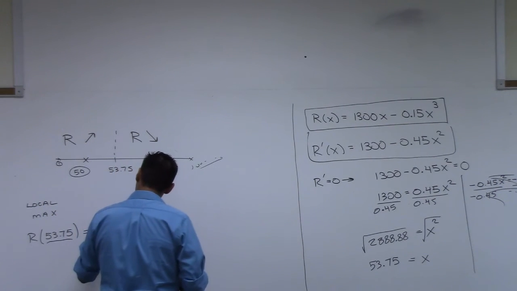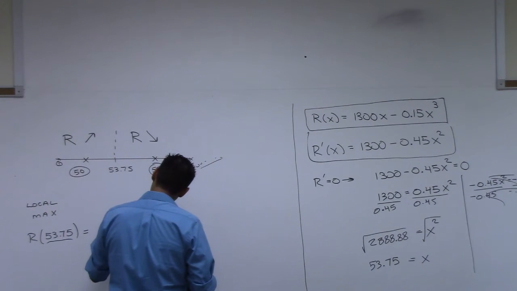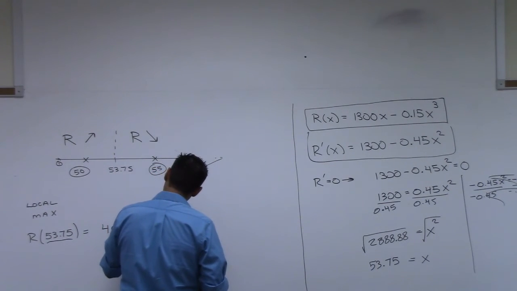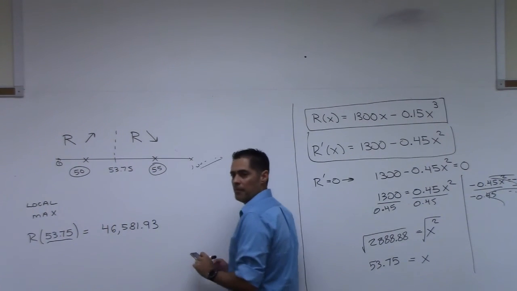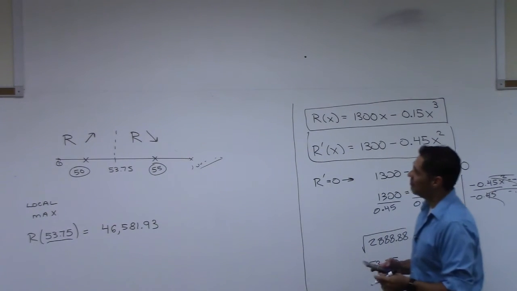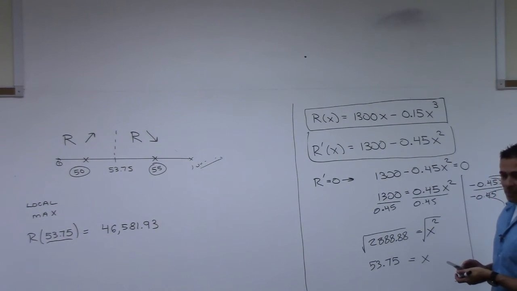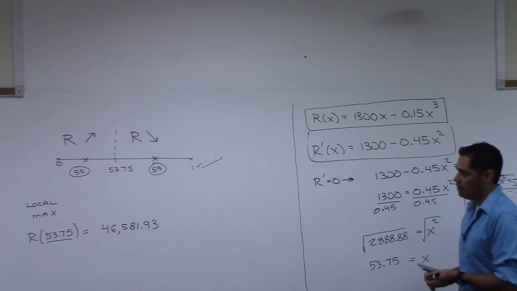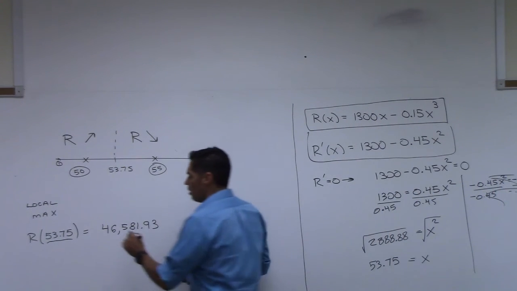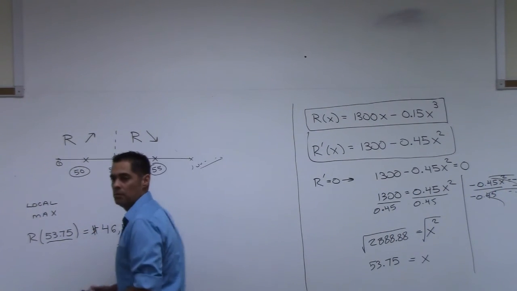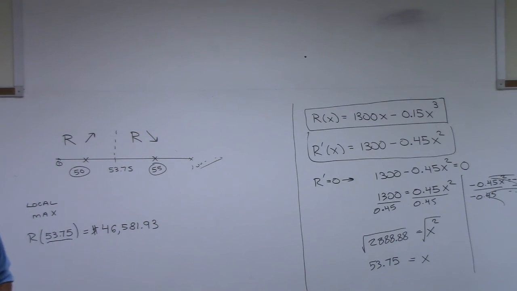I got 46,581.93. Anyone else get something close to that? I got that exactly. Okay, good. And this is dollars because it's your revenue. Yes, we talked about that. Okay? So we will have a local maximum.